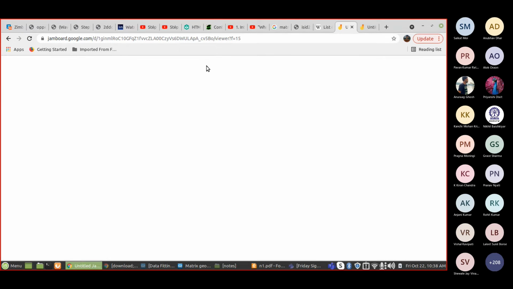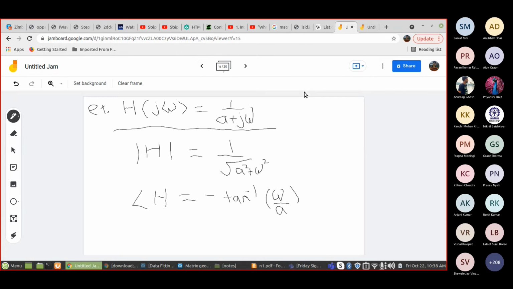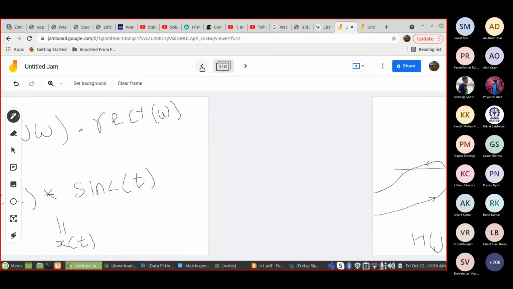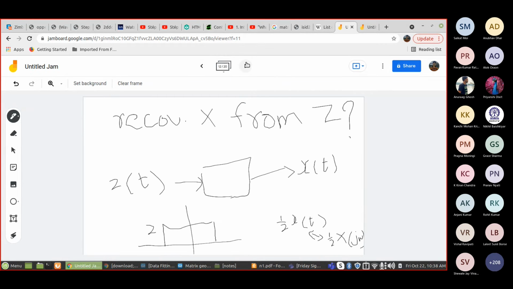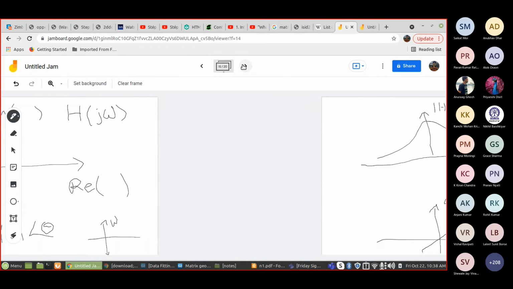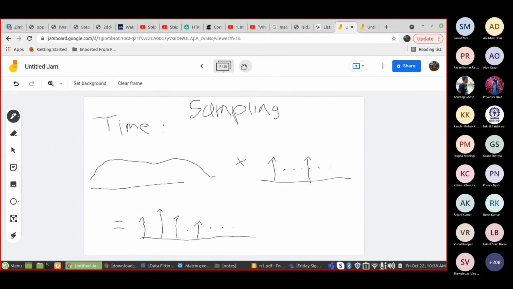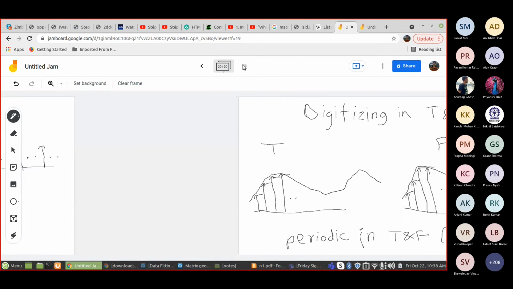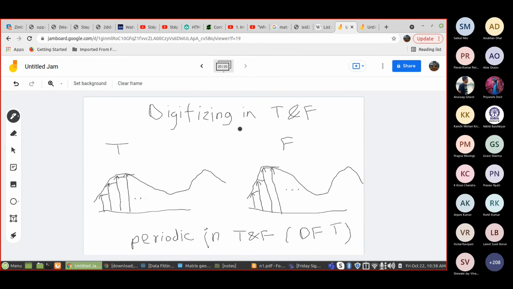So DFT is sort of similar to the discrete time Fourier series. I will do DFT signals somewhere. Okay. So let us understand what is digitizing.